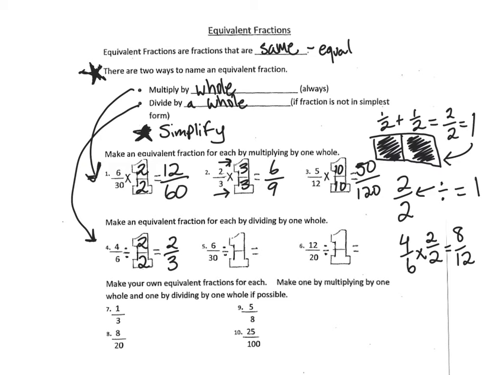So our middle problem, or our next problem, is 6/30. 6/30 can definitely be simplified. I could definitely pick a number that can go into both 6 and 30. But I want to look at this one a little bit differently.